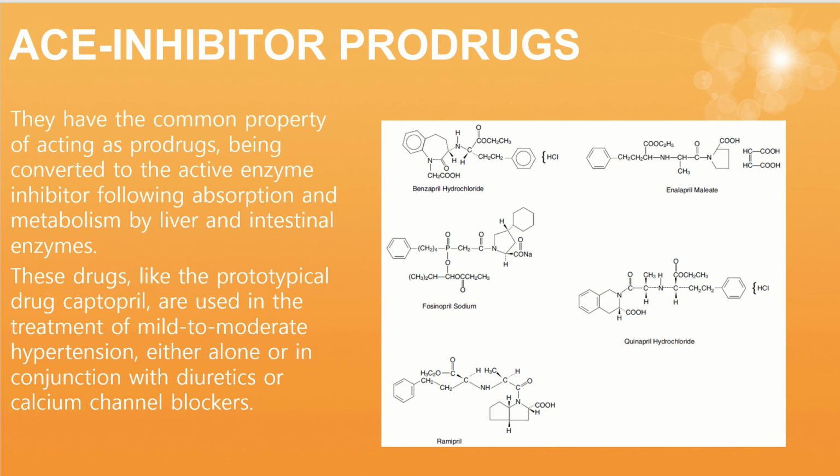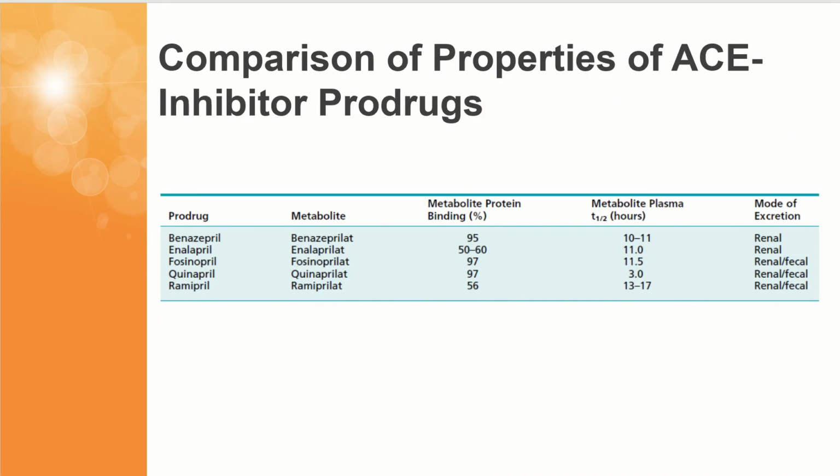They have the common property of acting as prodrugs because they are converted to the active enzyme inhibitor following absorption and metabolism by liver and intestinal enzymes. So these drugs, like the prototypical drug Captopril, are used in the treatment of mild to moderate hypertension, either alone or in conjunction with diuretics or calcium channel blockers.